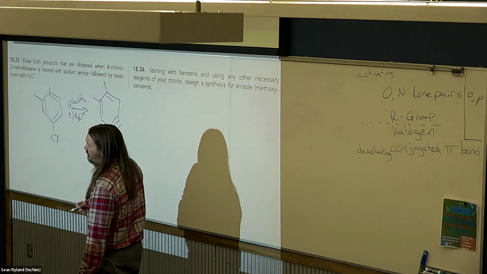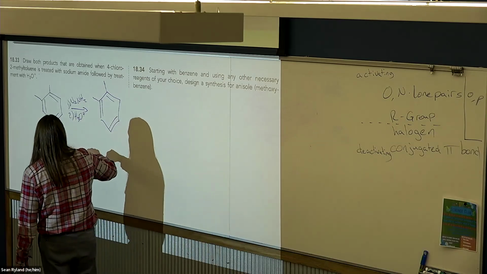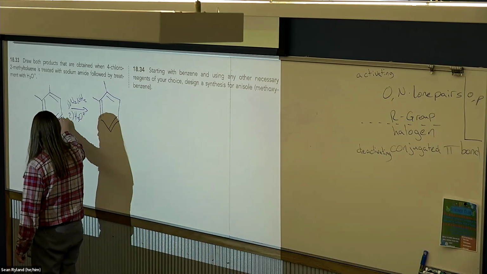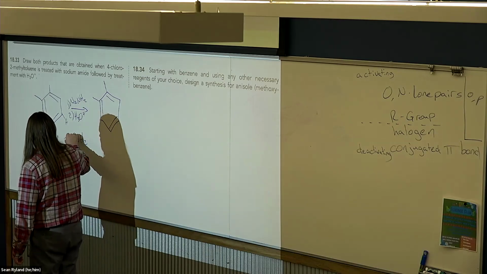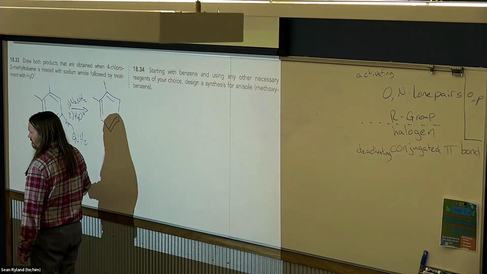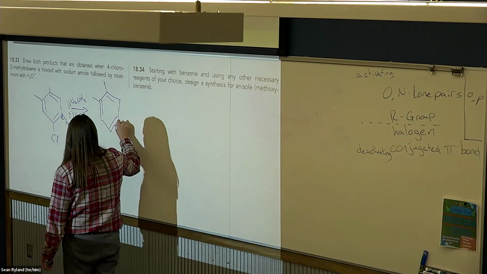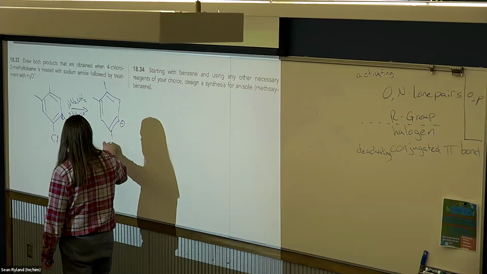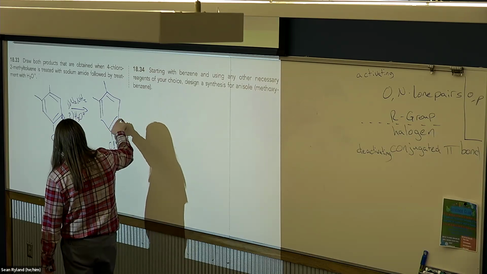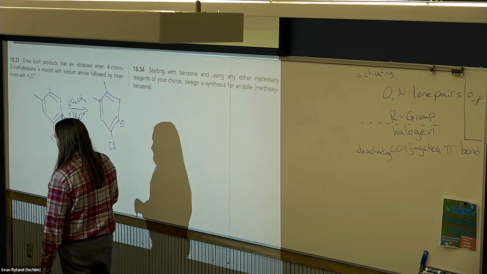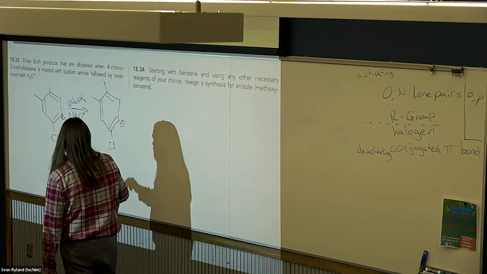Just because it says draw both products, it doesn't say draw the mechanism, but if we wanted to draw the mechanism, we would draw it as those electrons stay here. So we would get a negative charge here. And when you have a negative charge adjacent to the chlorine, the chlorine can get booted. It's not really getting booted off, it's taking electrons with it.